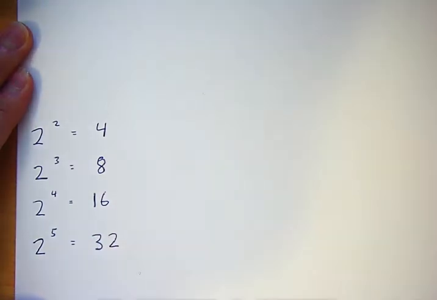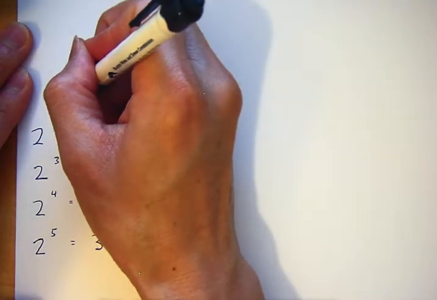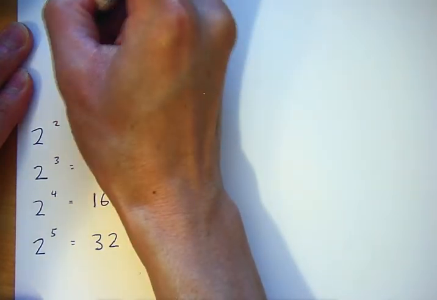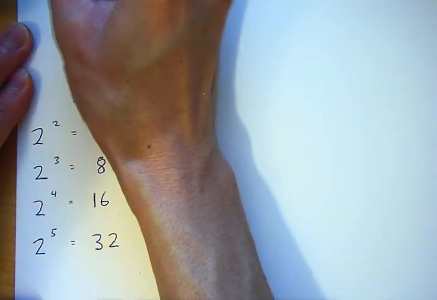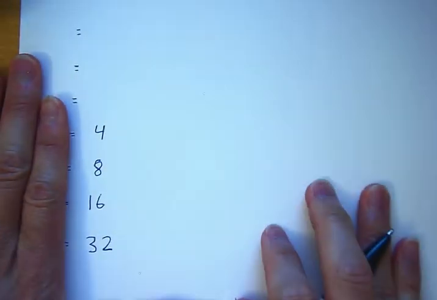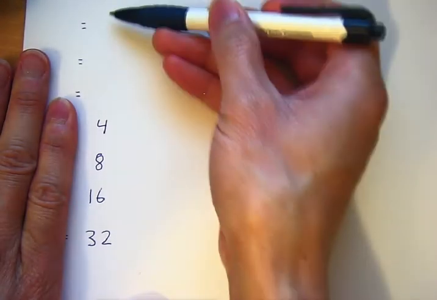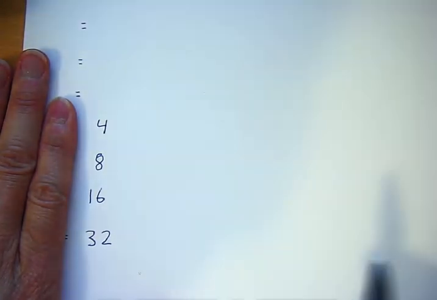Okay, so if I were going to use a pattern, so let's say I covered up this side, and just using a pattern, I was going to try to figure out what these other ones here are.